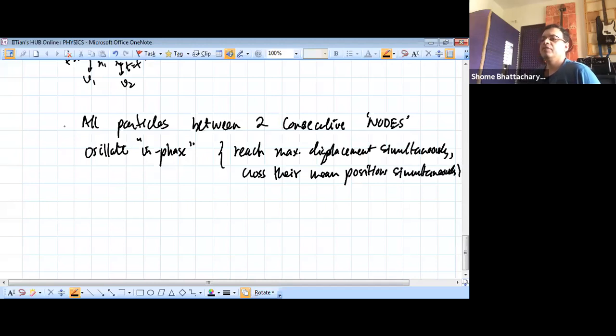Whereas, for example, in the above diagram, x1 and x2 in the figure above are two particles which are oscillating in phase, or the particles x3 and x4 which I have drawn above, they are oscillating in phase.